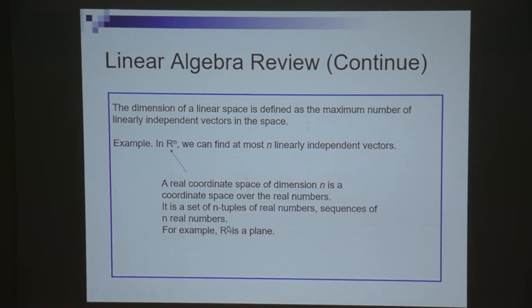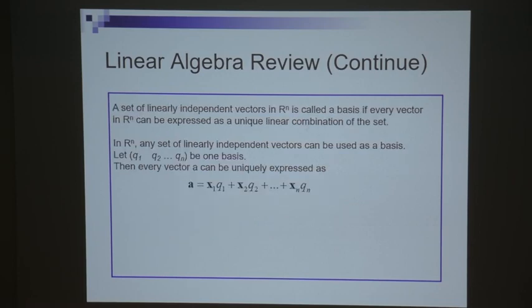So when I have R squared, I'm referring to a plane. A set of linearly independent vectors in Rm is called a basis if every vector in Rm can be expressed as a unique linear combination of the set.